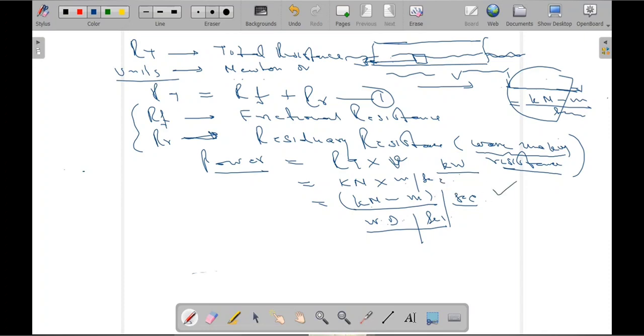Okay, coming back to the RT components, frictional resistance. Now I am using a sign proportional, which does not mean equal.